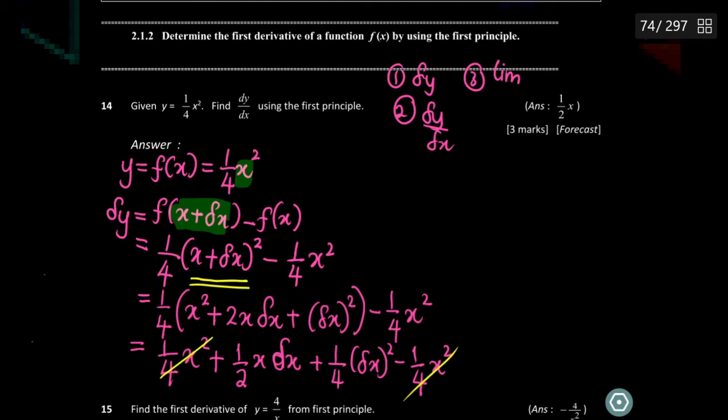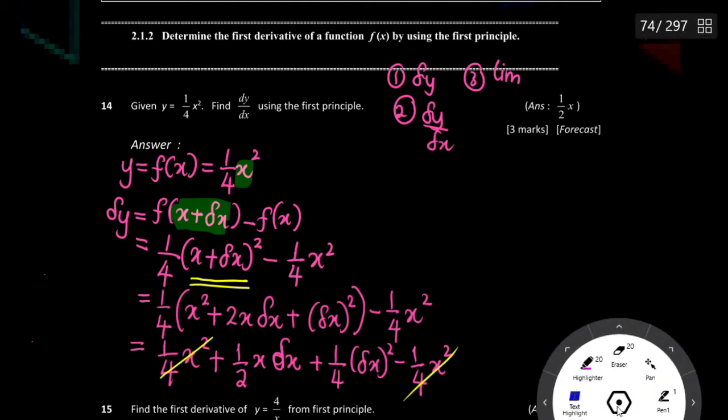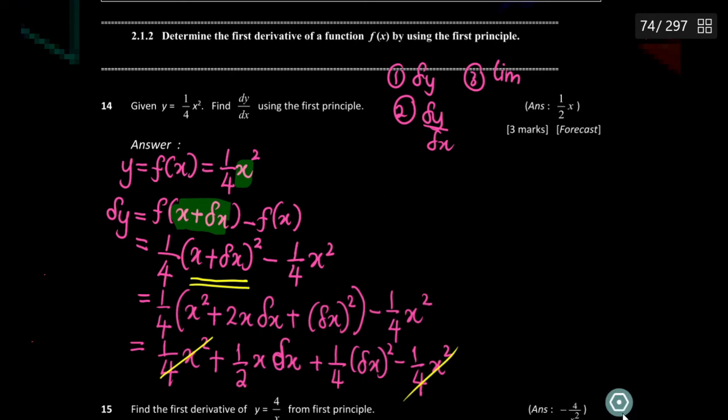This cancels off already. We are only left with that one. So delta y equals 1 over 2 x delta x plus 1 over 4 delta x squared. Up to here, first step is done.